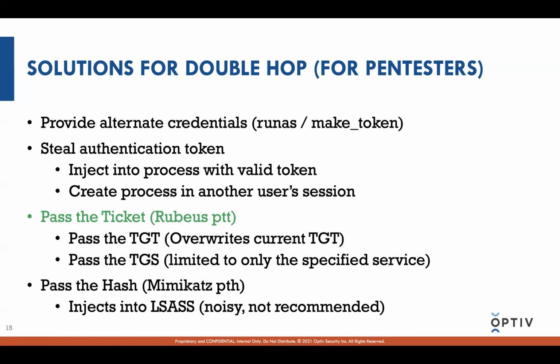It's almost like saying, once an attacker has a password, how do you prevent them from using it? That doesn't really make sense, right? The solution is to stop them from getting the password in the first place. It's the same concept with pass the ticket. The solution is don't let your tickets be dumped out of memory, or other credential material that can be used to create tickets.